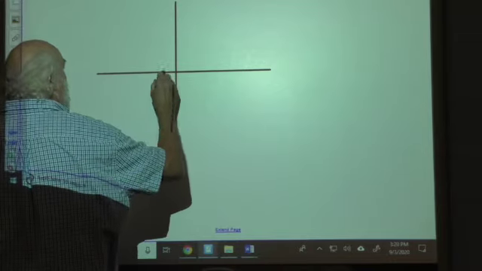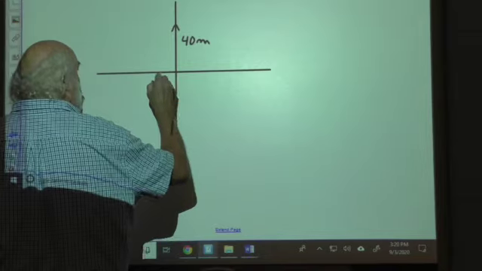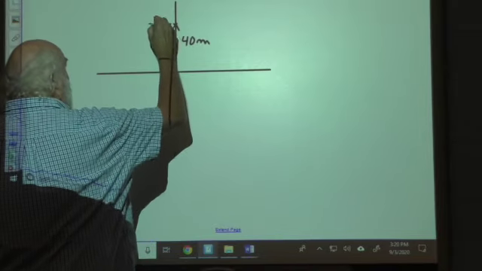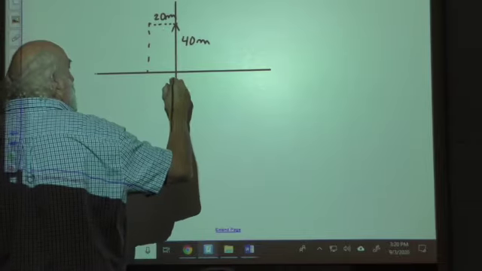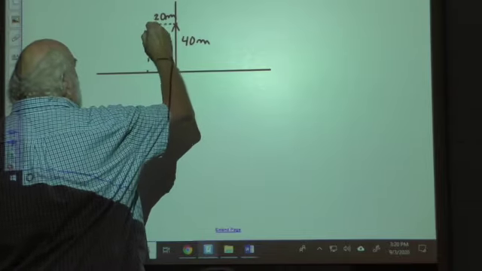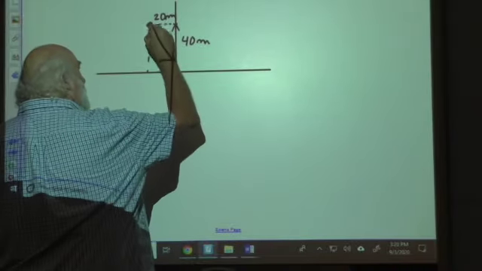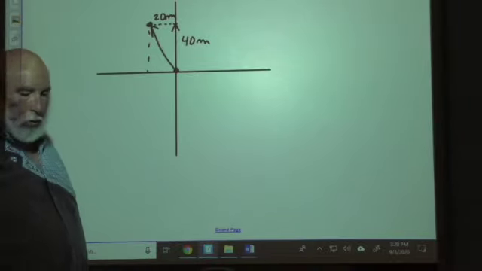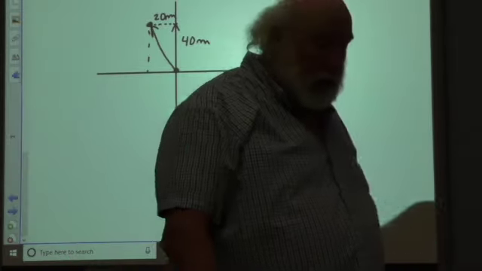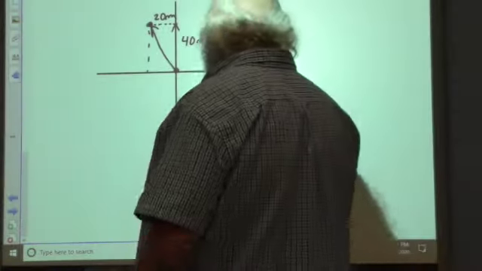So I'm going to go 40 meters north, 20 meters west, and that means that the displacement is from the beginning point to the opposite side of this parallelogram / rectangle that is created here. We're going to do that a lot. So you might want to get in the habit of drawing rectangles every time you do these vector things.